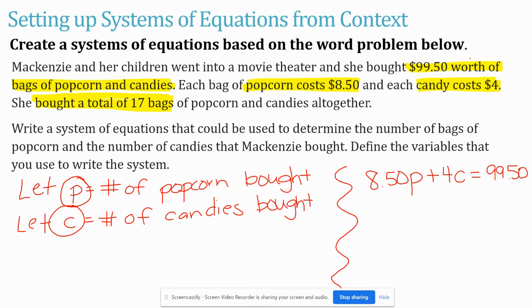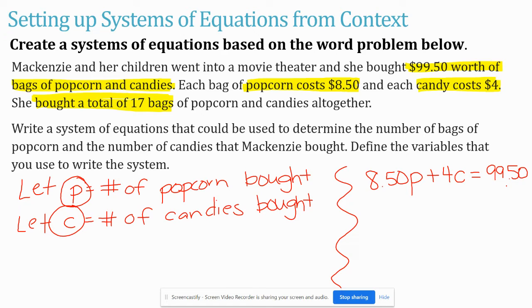Okay, so you can see I kept all of our money values together here. Now this isn't always going to happen for every question, it's particular for this question. Not all questions are formed the same way. So we have $8.50 times the amount of popcorn plus $4 times the amount of candy, and that should equal that total of $99.50 that she bought, that was worth everything altogether.